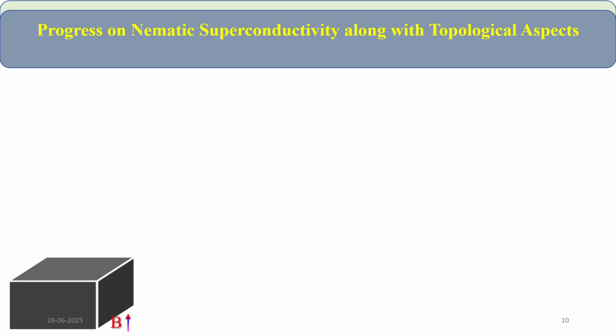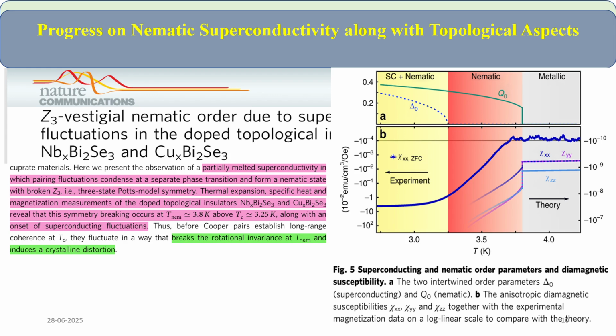If a material is no longer in the superconducting state, this graph also shows the symmetric plus nematic behavior. This is the order parameter with the temperature. The superconductivity is suppressing, and this is the superconducting nematic and nematic materials.